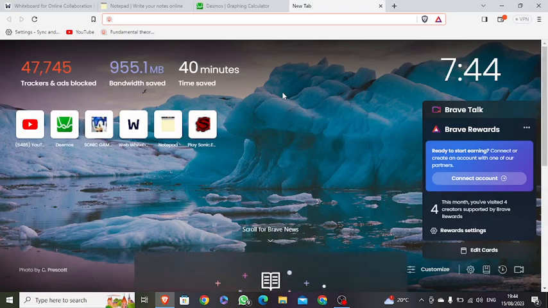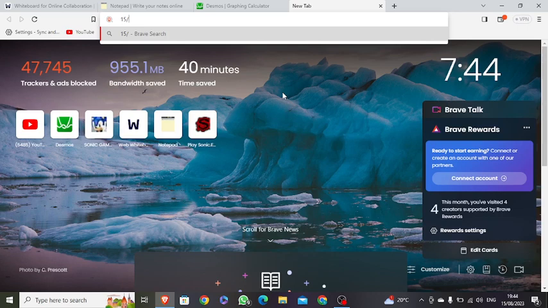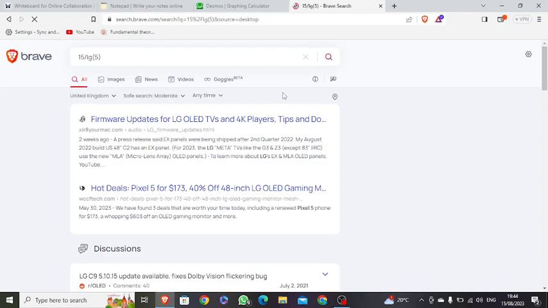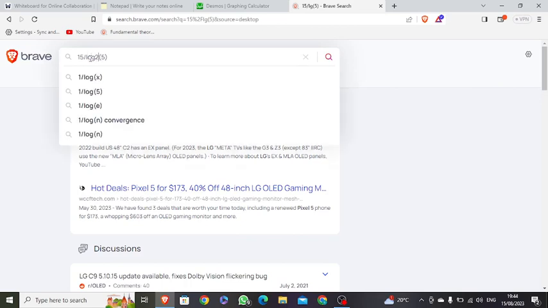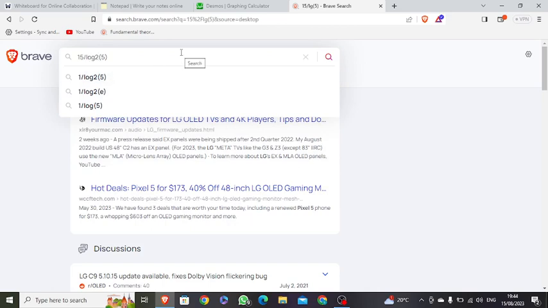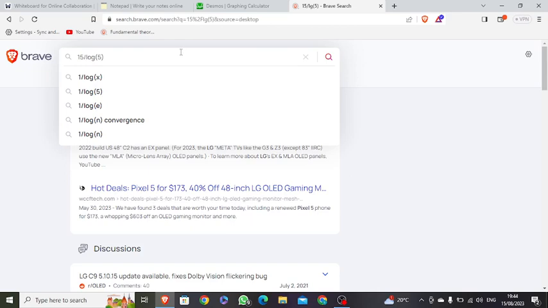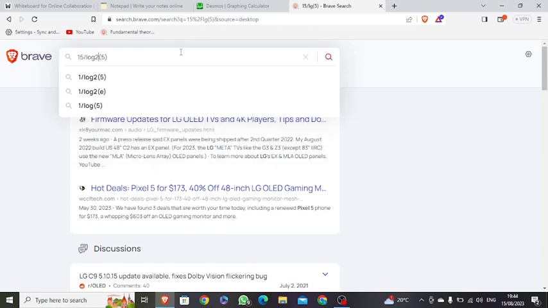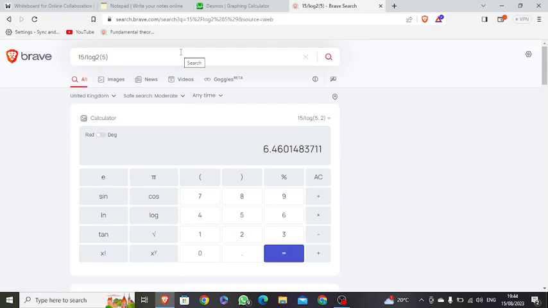Let's do it like this: 15 over LG 5. Since we can't do subscript on the Google search, let's just do 2. And there you go.